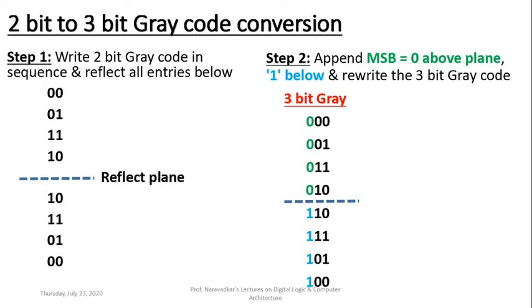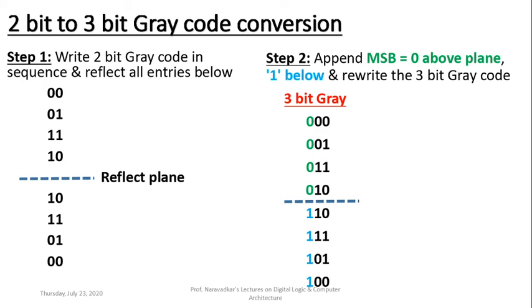It means that now you are getting 16 entries, 8 above that plane, 8 below that plane, and then the 4th bit, the MSB bit, will be appended. Above that plane of reflection, all MSB bits are 0, and below that plane of reflection, all MSB bits will be 1. So that way we can convert the 3 bit gray into 4 bit gray code.